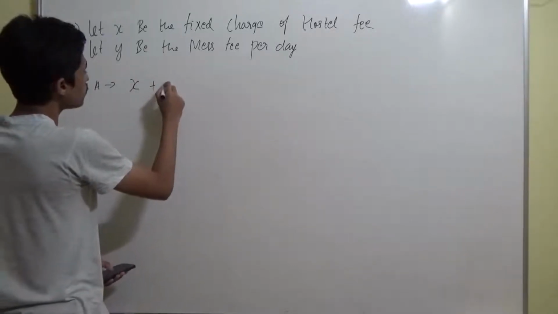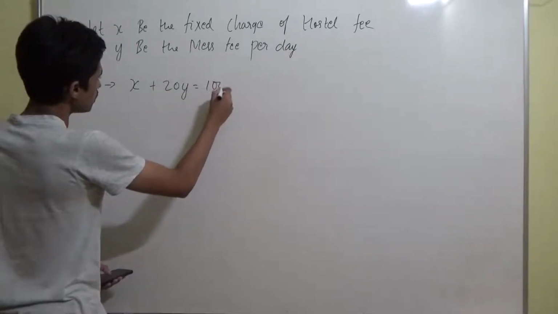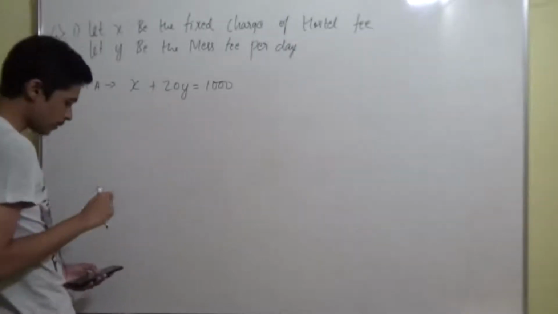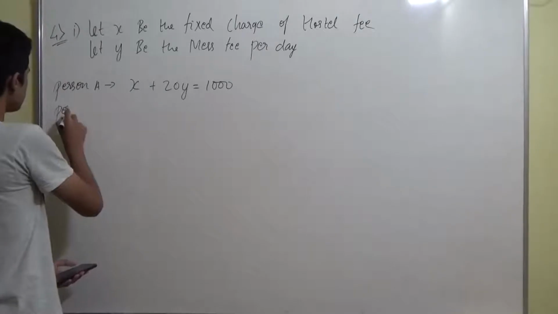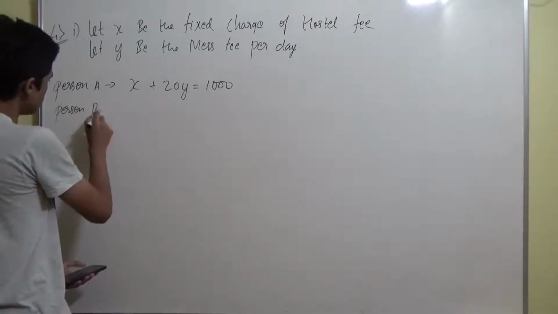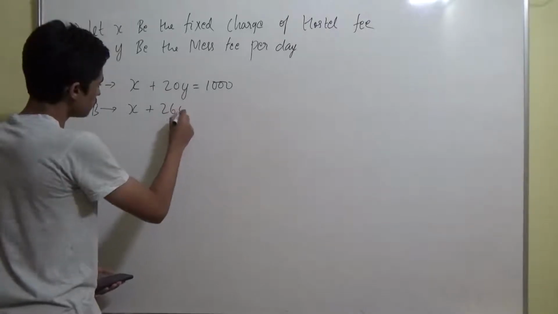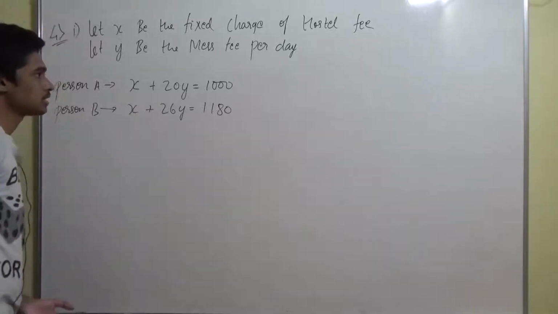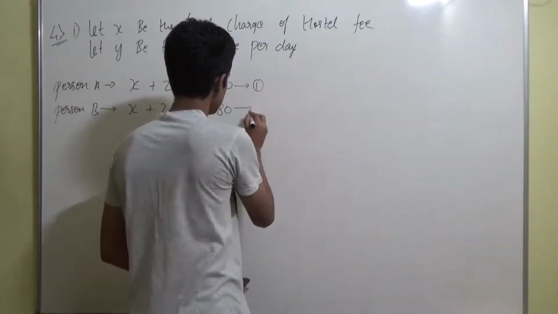Plus food for 20 days means 20Y is equal to 1000 rupees. Person A paid 1000 rupees. So this is the first equation, and the second equation is X plus, for person B, it becomes X plus 26 days, which means 26Y equal to 1180. That's it guys. These are the two equations. Let's consider this as equation 1 and this as equation 2.